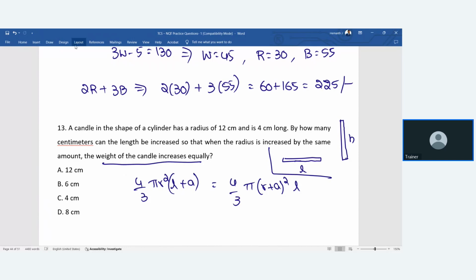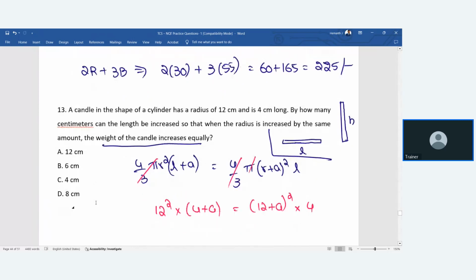Here pi you can remove from both sides. R square, which is 12 square, times L plus A, means 4 plus A. Here, R plus A, 12 plus A square, times L which is nothing but 4. Now, you have to calculate the A value from this. That's what the question is actually.